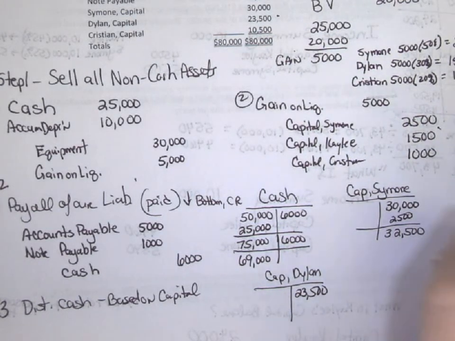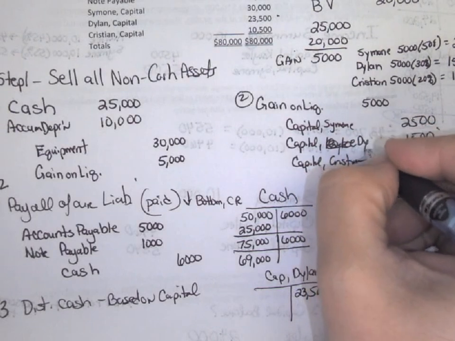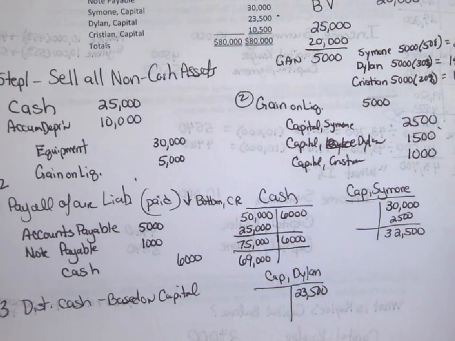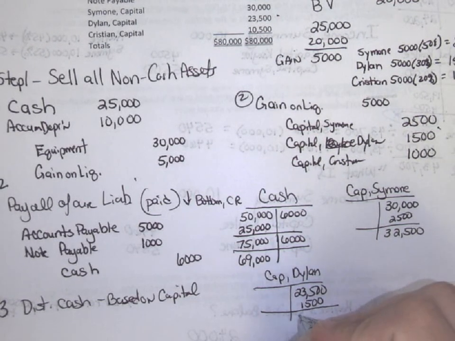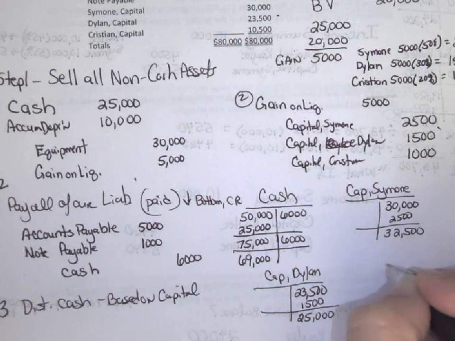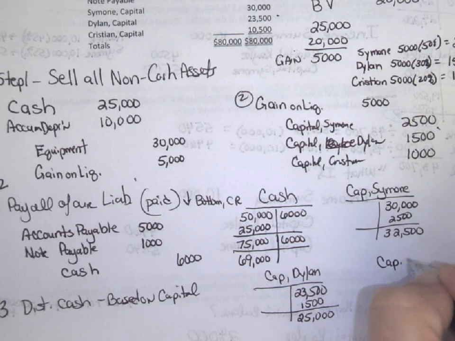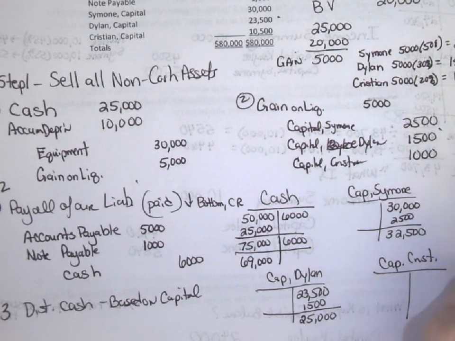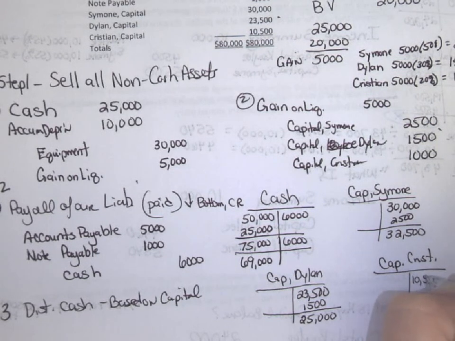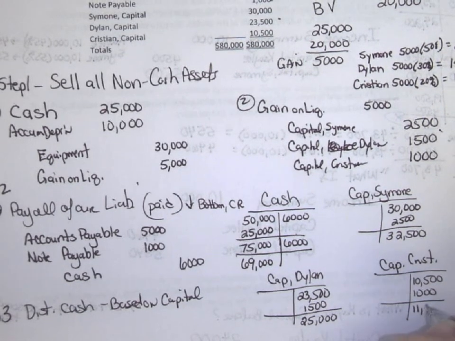Dylan had $1,500 added. And so Dylan would be at $25,000. And then we need to look at the capital account for Christian. He started at $10,500. He had another $1,000 added. So that means he is at $11,500.